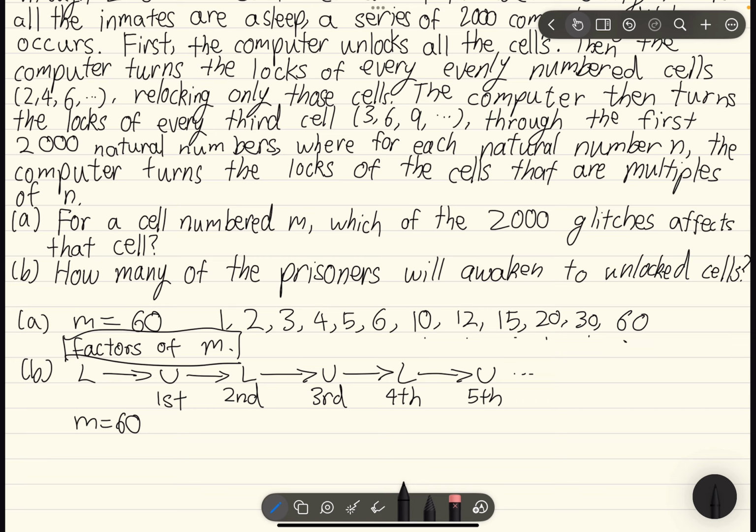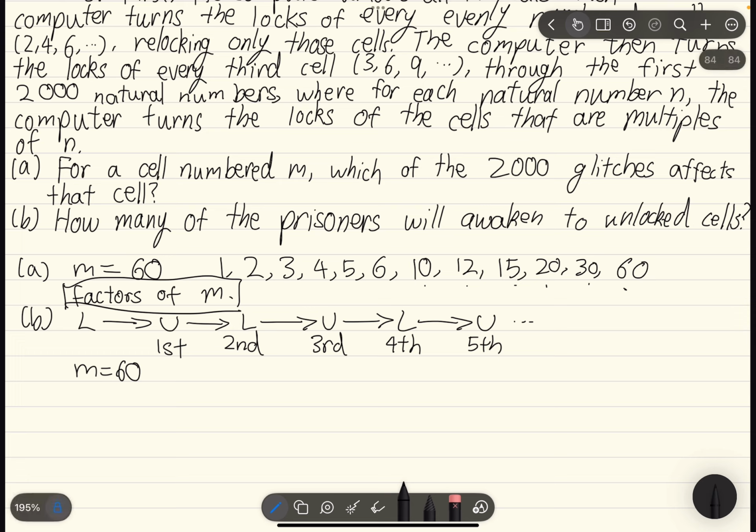So how do we determine the number of factors from 1 to 2,000 quickly? We don't really want to list out everything and then count one by one. That'd be really, really slow, since there are 2,000 numbers, not 2, not 20. Well, notice that for numbers like 60 or 30 or 20 or 22 or 10 or even 2,000, these factors are paired up.